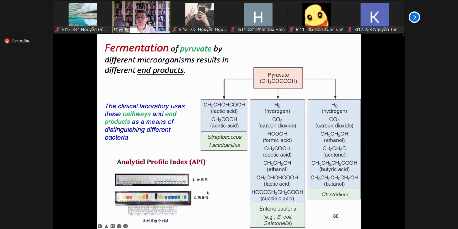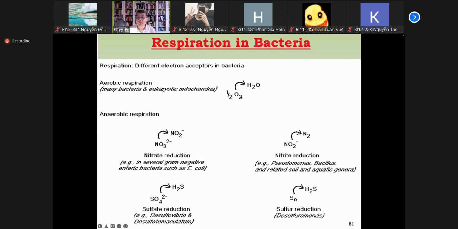And respiration has two kinds. One is aerobic respiration. That is respiration in the presence of oxygen. That is the hydrogen, the ion, the electron with hydrogen to produce the water. There is an anaerobic respiration. This is important because without oxygen, still the electrons can be delivered as, nitrate reduced to nitrite.